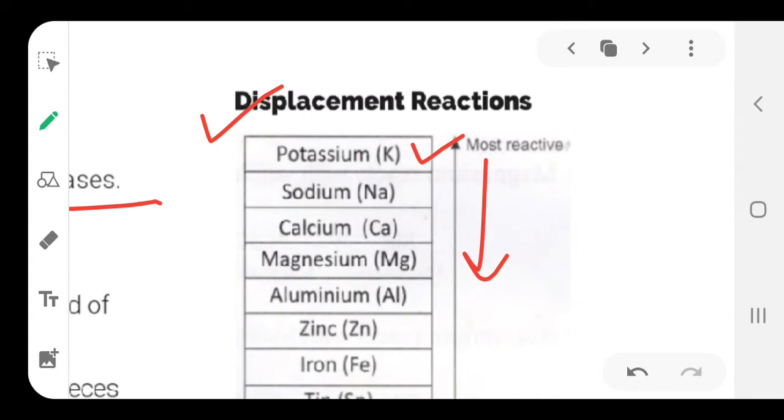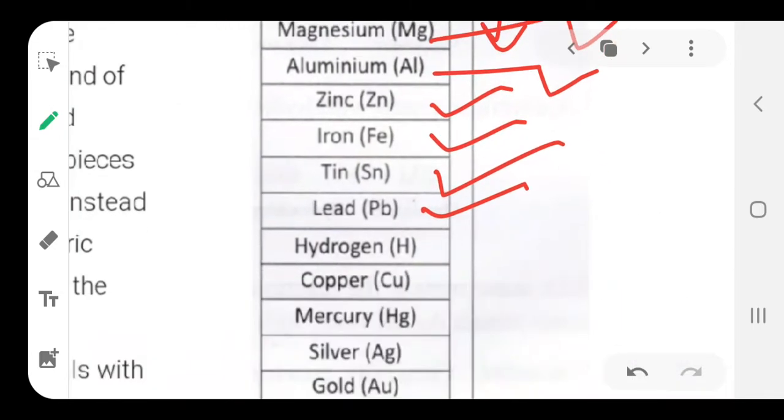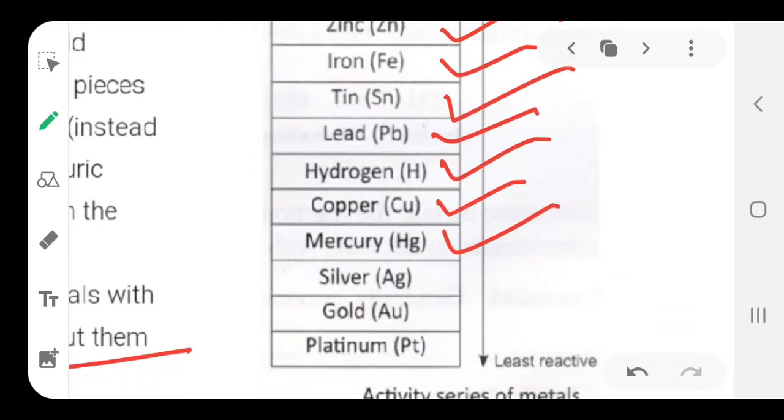First is potassium, followed by sodium, then is calcium, magnesium, you can write the symbol side by side, then aluminum, then zinc, then is iron, tin, lead, hydrogen, copper, mercury, silver, gold, and platinum.